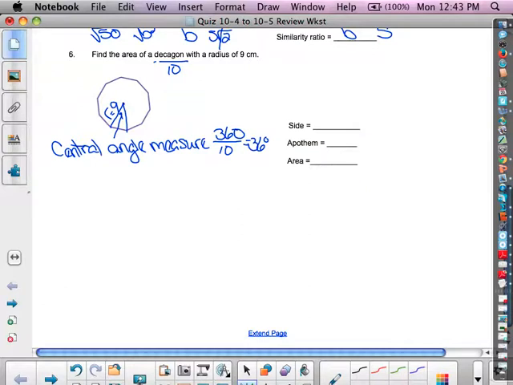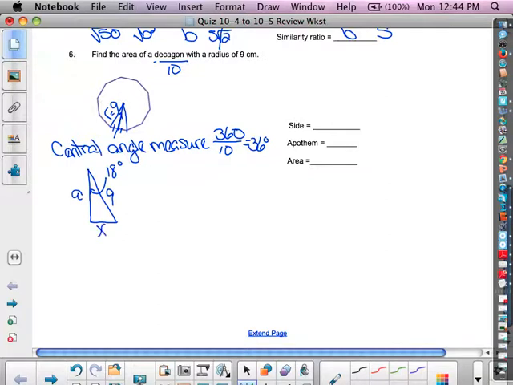Remember that the apothem bisects both the side and the angle. So I'm looking at a triangle with a central angle measure of 18 degrees, a radius of 9. I need the apothem and I need the length of the side.